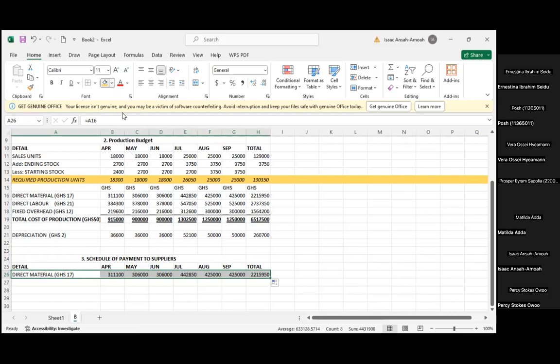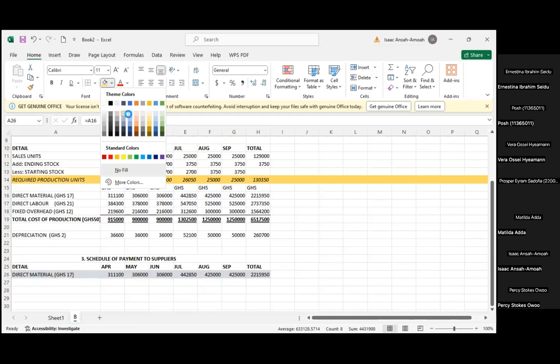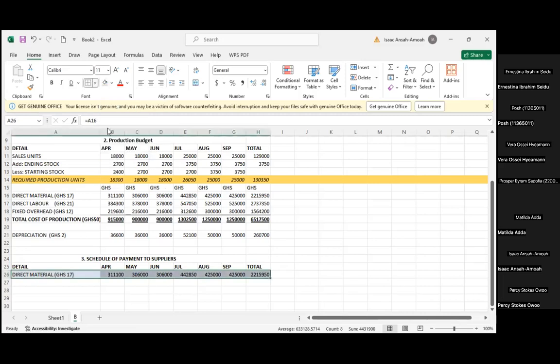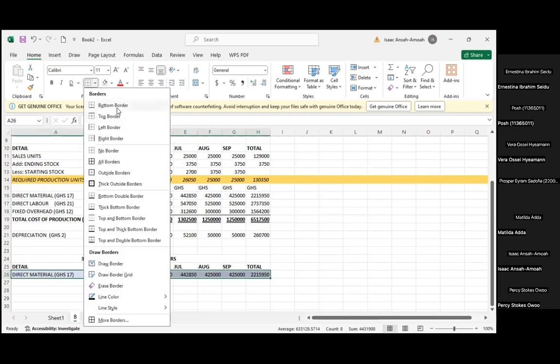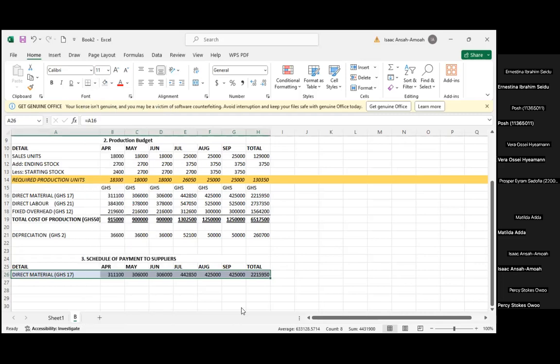Let me highlight it and underline the whole figure so that I won't confuse it with other workings that I'll do going forward. The policy is that suppliers would allow you 1 month credit for 50%. And then the remainder is paid in the month of purchase. So the remainder is what you actually pay first before the credit terms follow.